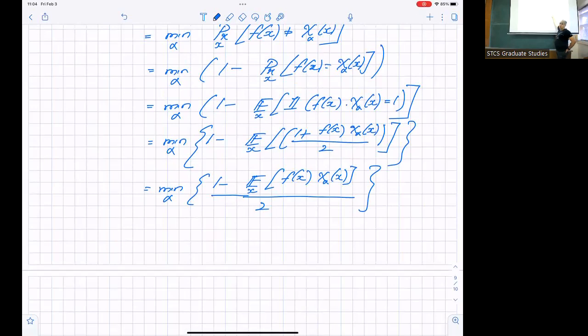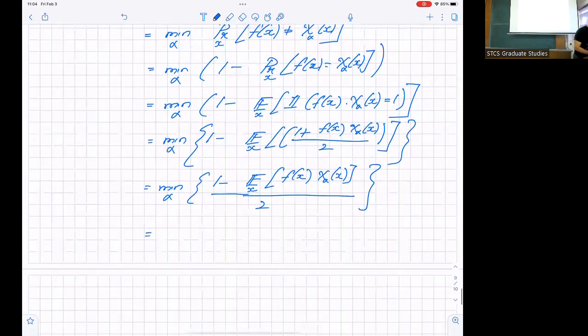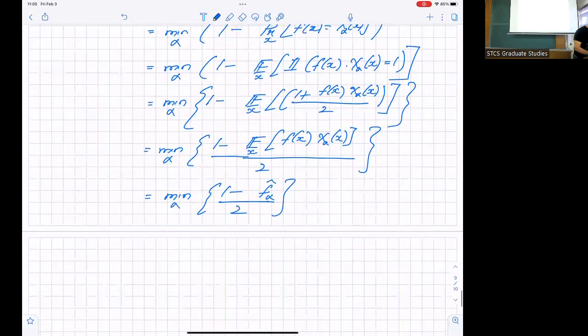This is the Fourier coefficient f hat alpha. Therefore, this is exactly min over alpha of 1 minus f hat alpha by 2. In particular, this is 1 minus the max over all the alphas.